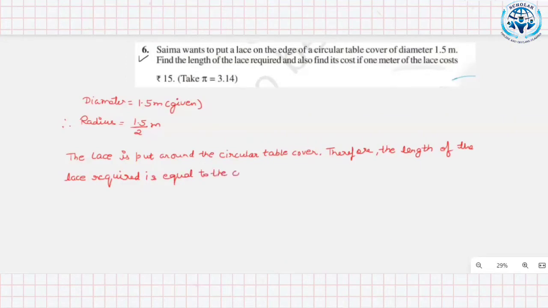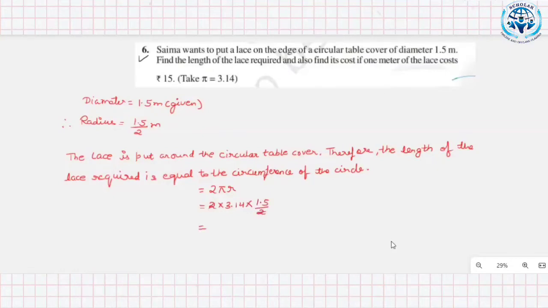The length of the lace required is equal to the circumference of the table cover. Circumference of the circle is equal to 2 pi r, 2 into 3.14, radius is 1.5 upon 2, all in decimals.